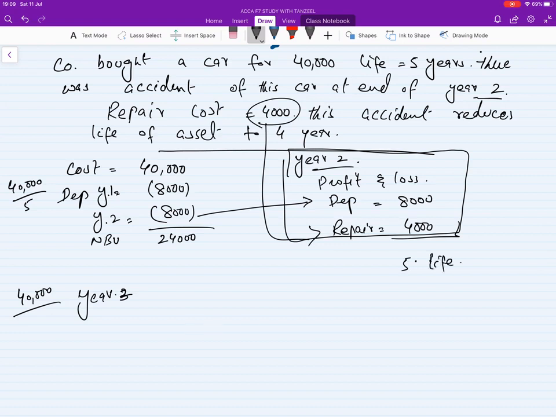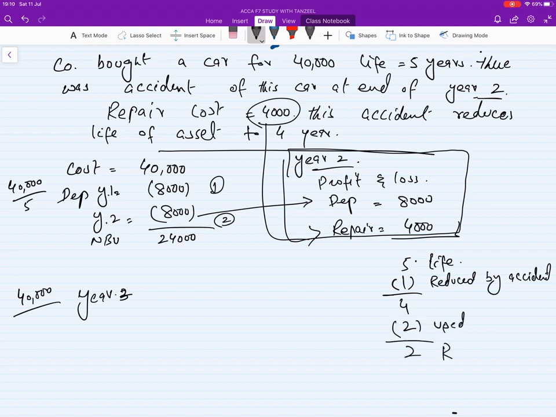Then due to the accident, it was reduced. Now remaining is 4, and you have already used 1 and 2. So 5 years was the life, and because of the accident, 1 year was lost. So you got 4. Out of this 4, you have used 2. 2 years you have used already. So the remaining life is 2 years.